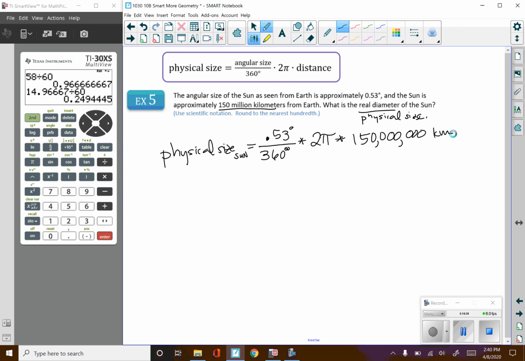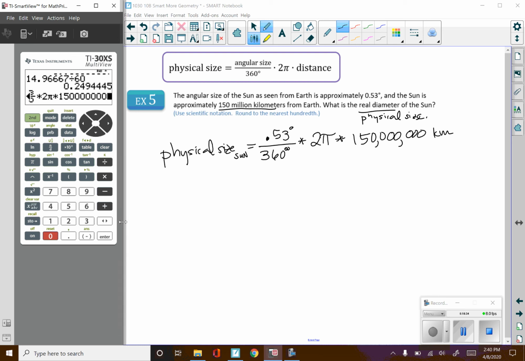So if we calculate that, 0.53 degrees divided by 360 multiplied by 2 pi multiplied by 150 million. Also, before I hit enter, it wants our answer in scientific notation, so I'm going to hit the mode button and just throw it into scientific notation really quick, and then quit.